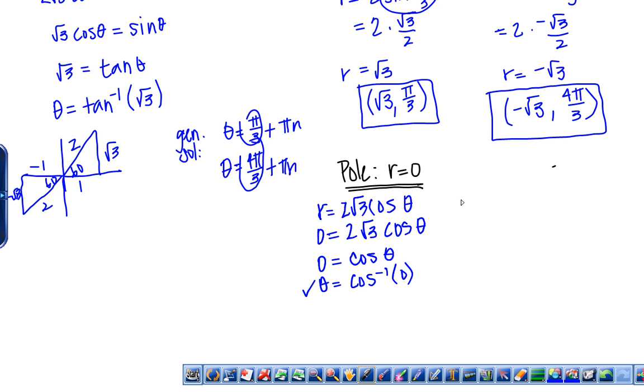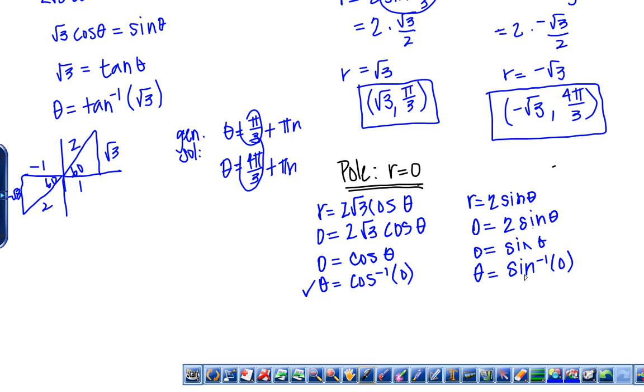Okay, let's try our second one. That is r equals 2 sine of theta. Replace the r with a 0 and solve. Divide, that gives you a 0. And then it looks like you've got a theta equals an arc sine of 0.